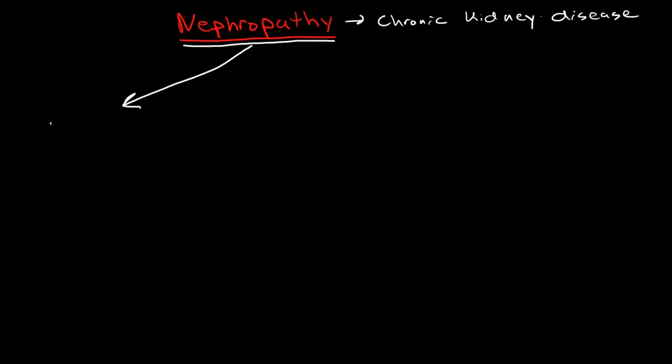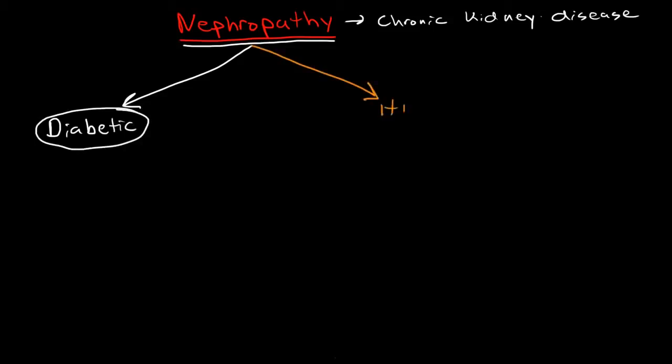and probably around the world are diabetic nephropathy and hypertensive nephropathy. Now, these have different etiologies and different pathways of pathogenesis.